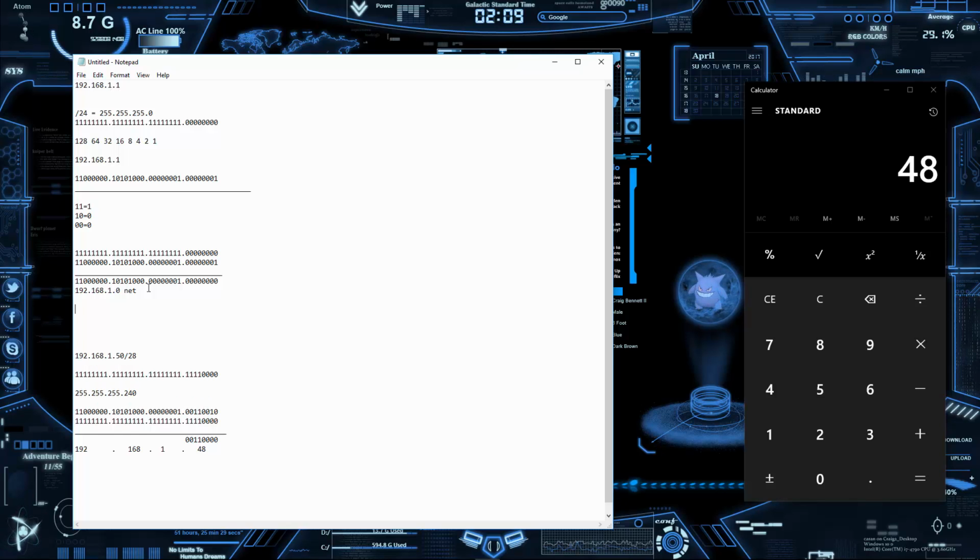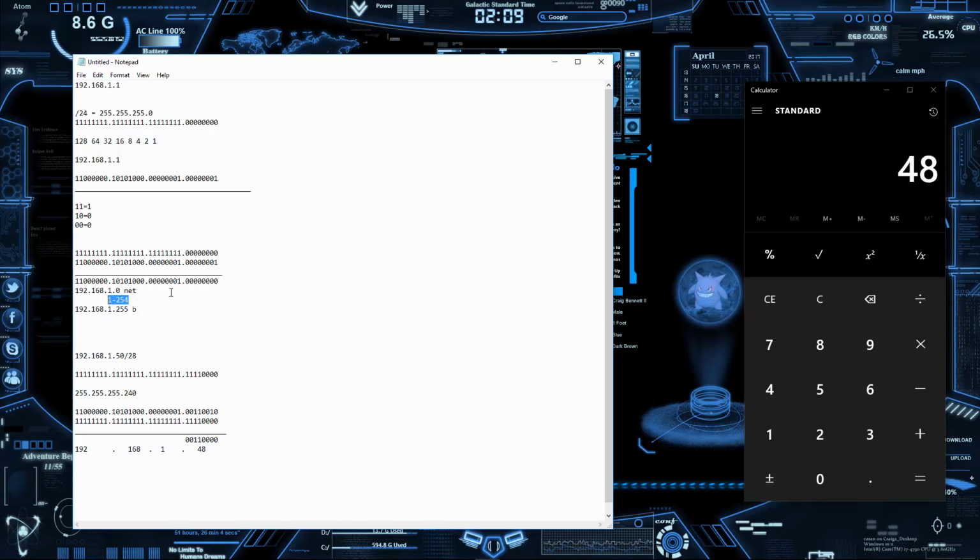The broadcast number is the last number that will be there. I'm just going to put B for that. The host numbers are 1 through 254. Basically what it means is, your devices cannot hold 0 and they cannot hold 255, but they can hold anything between 1 and 254.